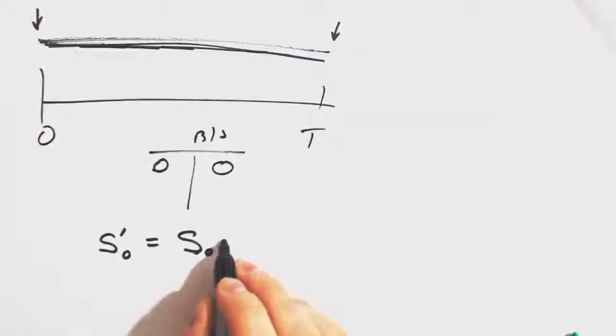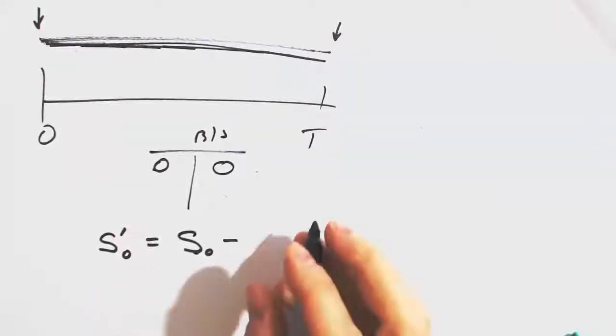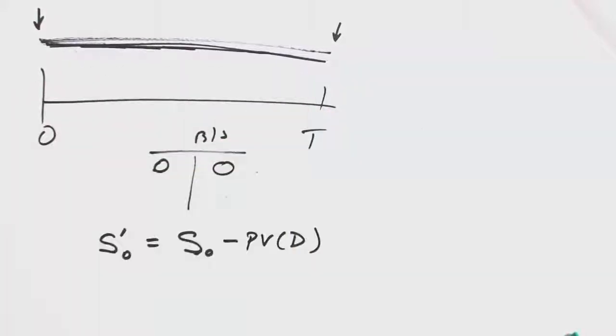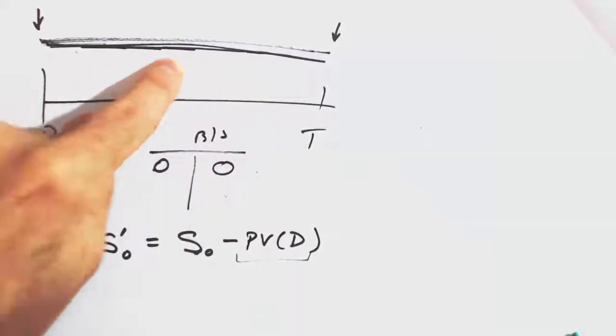actual stock price minus, so this is the actual stock price that you observed. This is going to be adjusted, backing out the present value of dividends over the life of the option. Now, this is not quite the formula. This is the formula, basically, that the textbook gives you. This is written differently. All I'm saying is you subtract out the present value of any dividends paid during the life. And it could be more than one dividend paid.